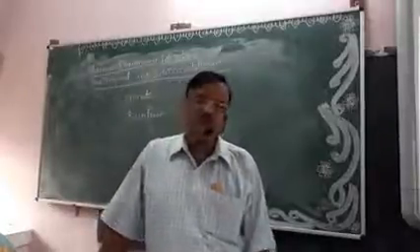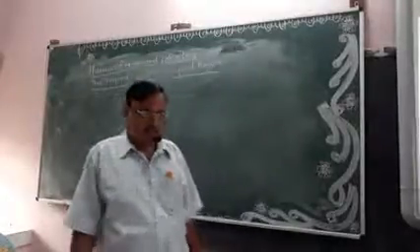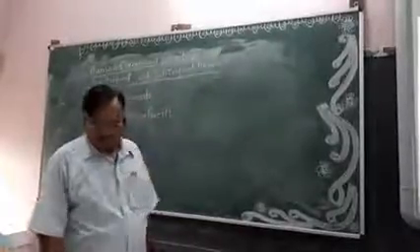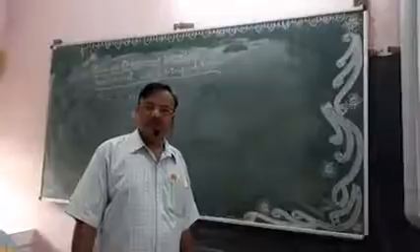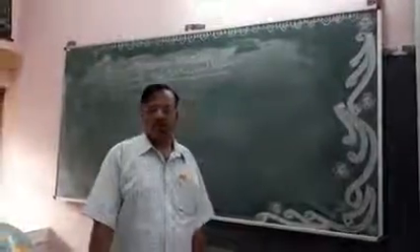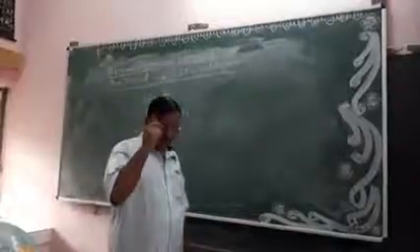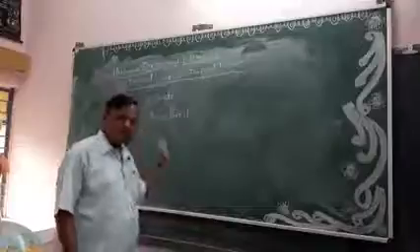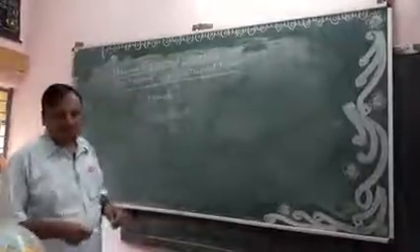What do you mean by evergreen forest? Here trees never shed leaves in a particular season. So almost throughout the year the forests are found green. They never shed all their leaves at a time, so they look always green. That's why these are called evergreen forests.